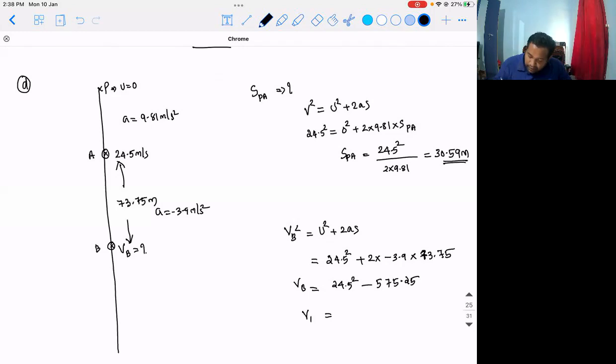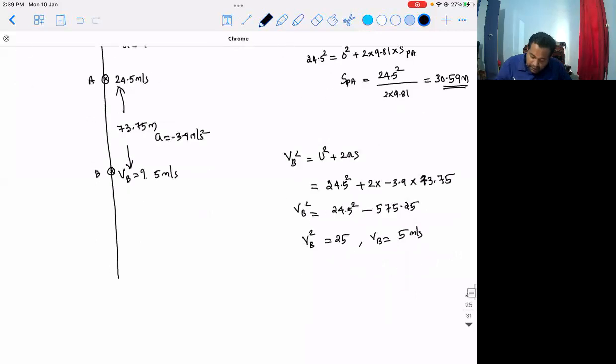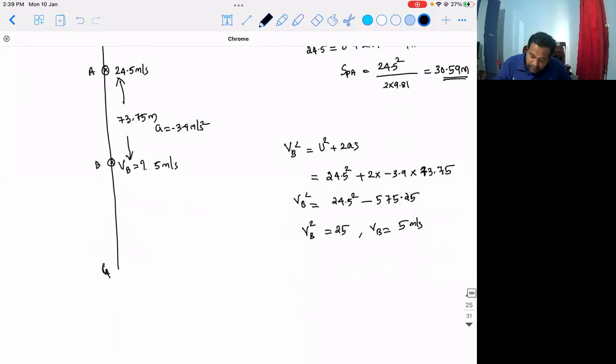So V_B square is 25. Therefore, V_B is equal to square root of 25. That is 5 meter per second. So same speed he keeps up to his ground level.